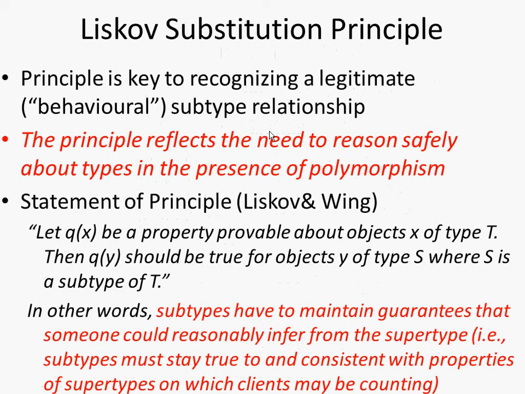Based on reading the specifications, say, in the Java standard libraries, if they can be counting on something very reasonably from that, we need to hold true to it, or else we can break their code.